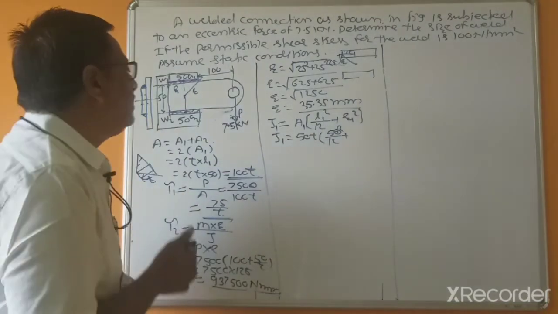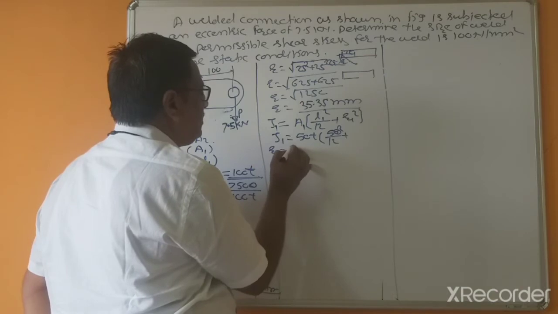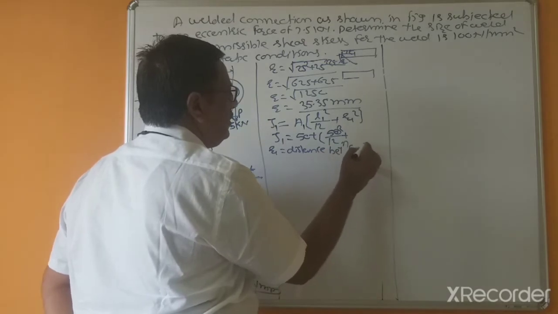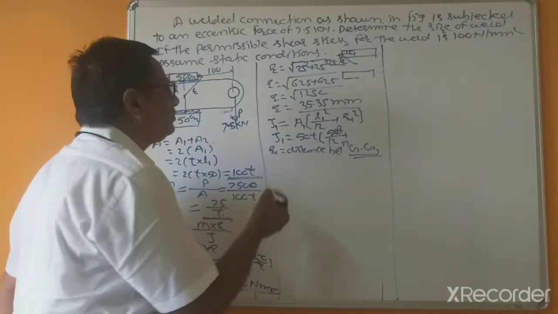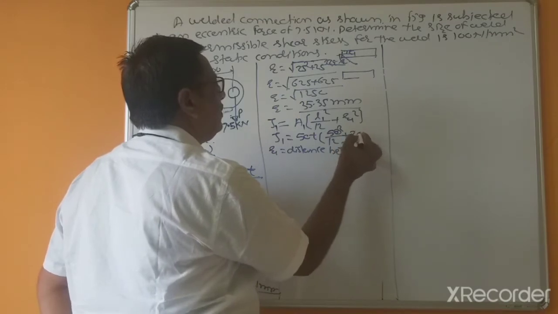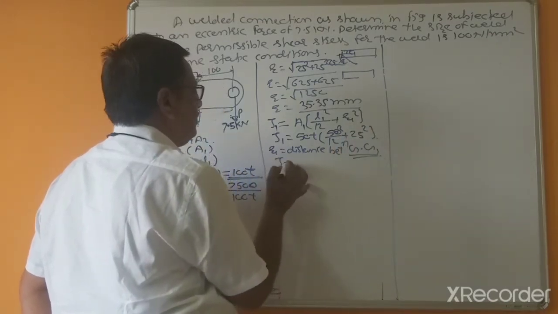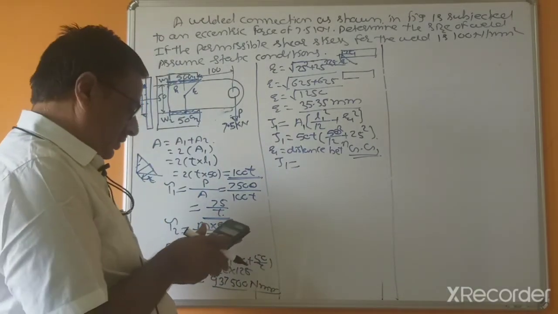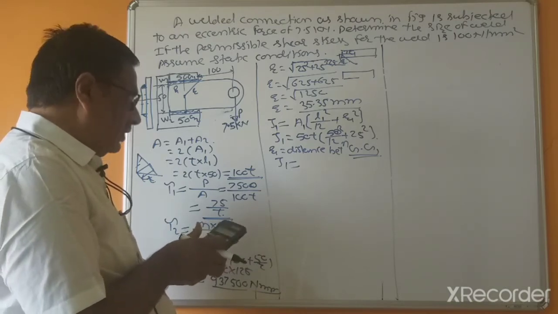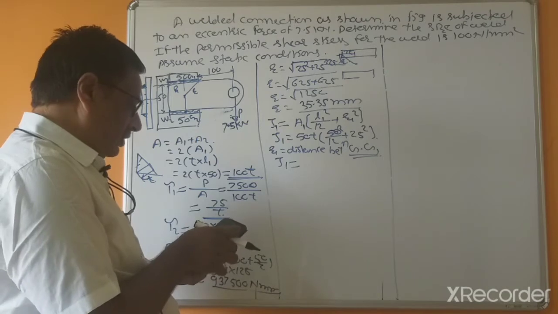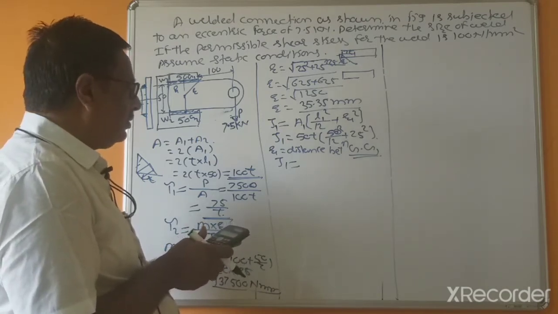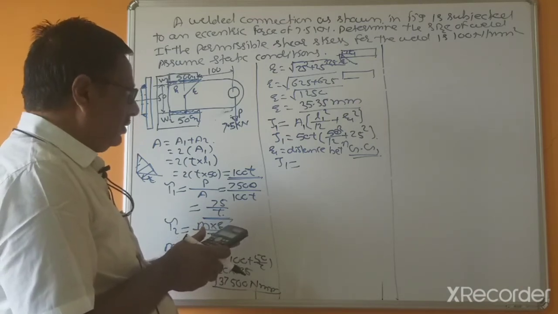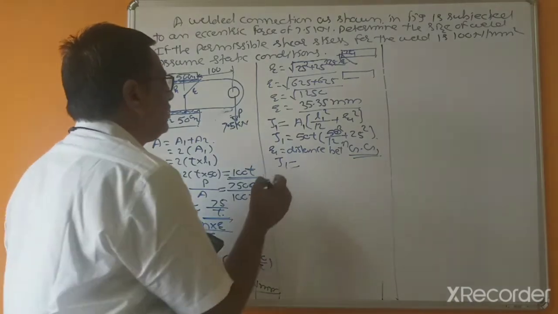R1 is the distance between G and G1, that's why 25 squared. J1 equals 50 squared divided by 12 plus 25 squared, multiplied by 50.